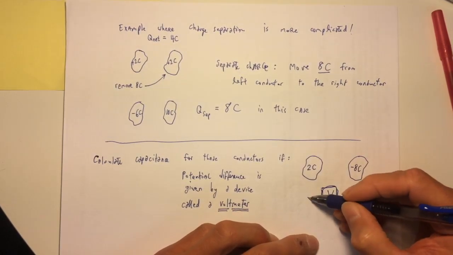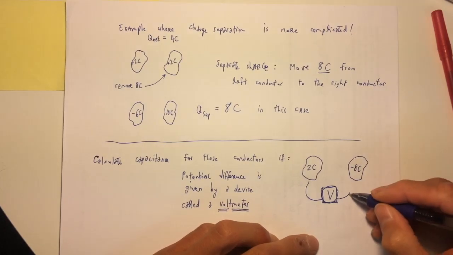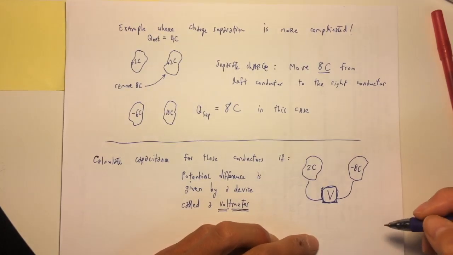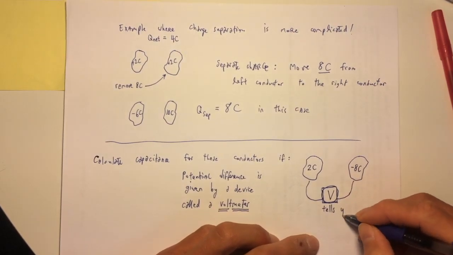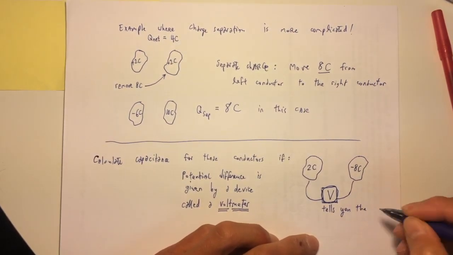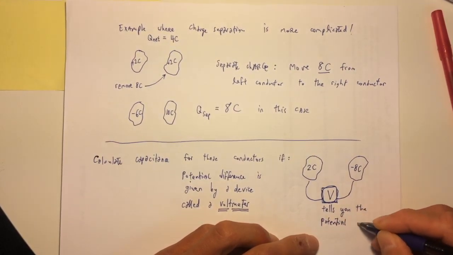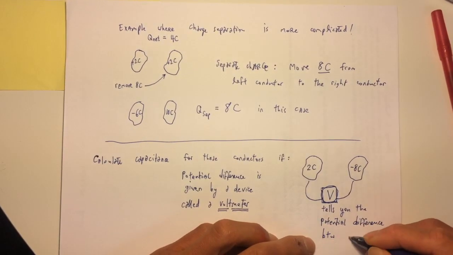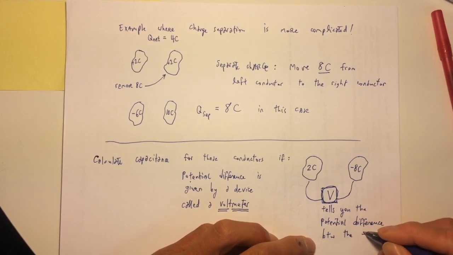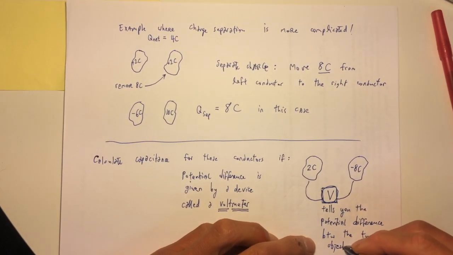And what you do is you touch one of the wires to one of your objects, the other wire to the other object, and what this does is it tells you the potential difference between the two objects.